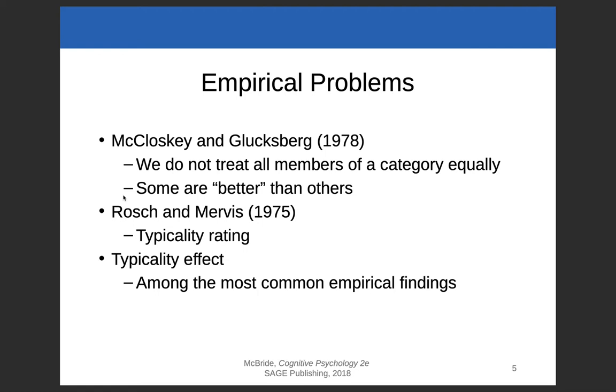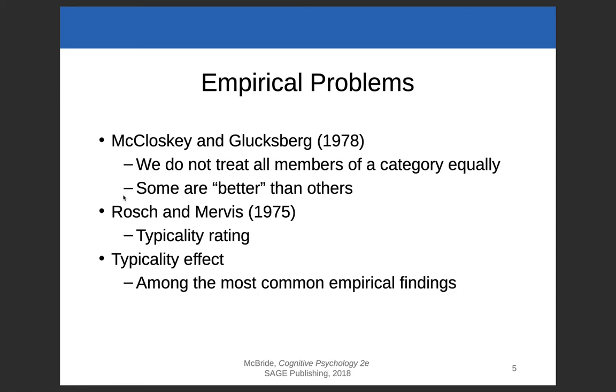For example, in the category birds, we know that the little songbirds that we see everywhere, chickens, penguins, and ostriches are all birds. However, we don't compute ostriches the same as we do songbirds, because ostriches just don't look like birds. Penguins don't look like birds. We don't compute them the same as we do songbirds.